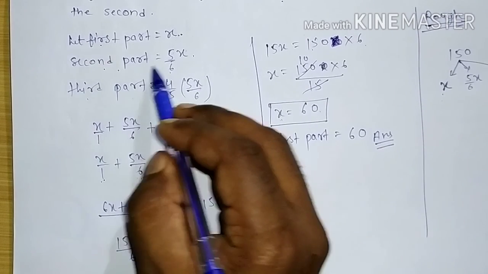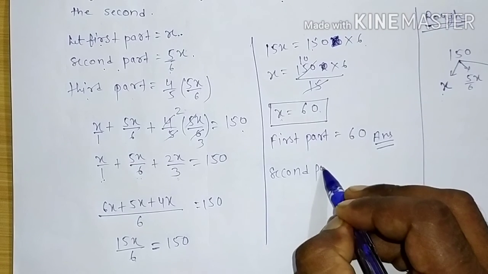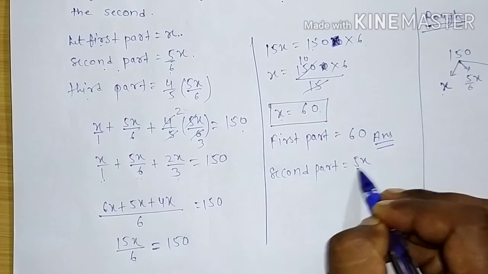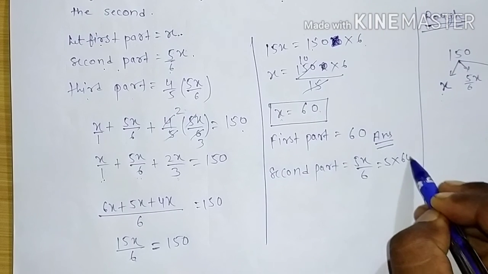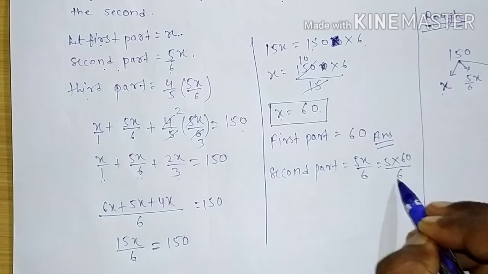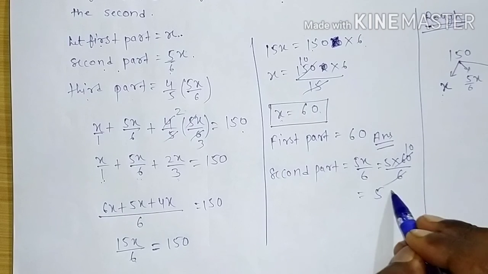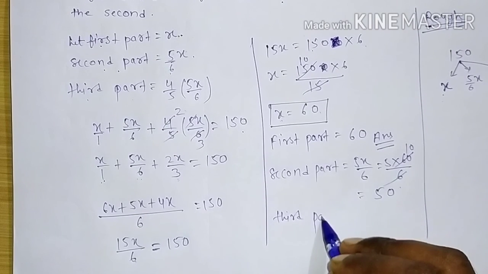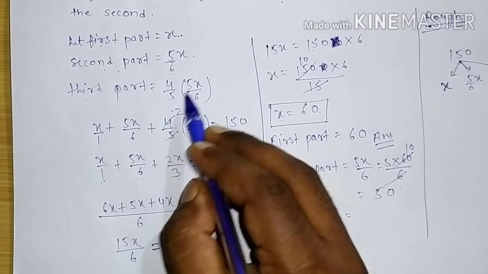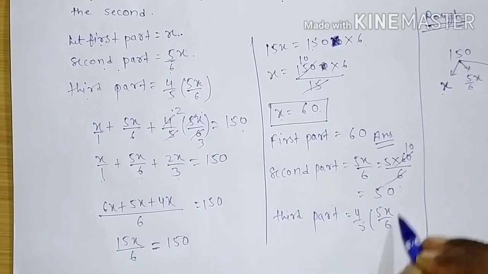And the second part, that is 5/6 of x, 5x upon 6. 5 into x, x is 60, so put it here. Now 6 and 60 cancel out, 10, 5 into 10, that is 50. Now the third part, 4 by 5 of 5x upon 6.